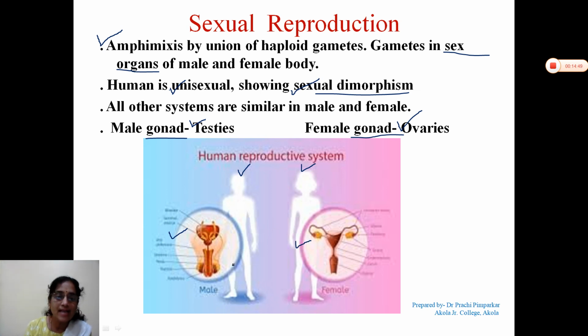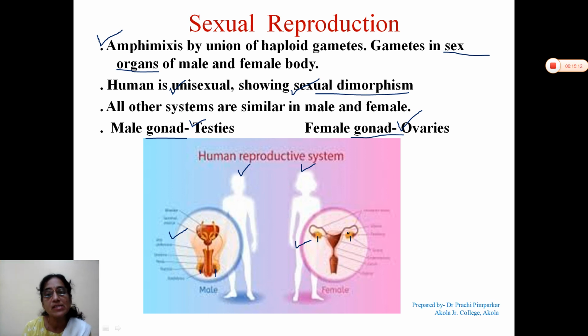Okay, these are the testes here. You can see these two rounded structures. They are the testes, the male gonads, and these are the ovaries, the female gonads. The male system and female system are present in the pelvic region of the body, where the gonads are present.